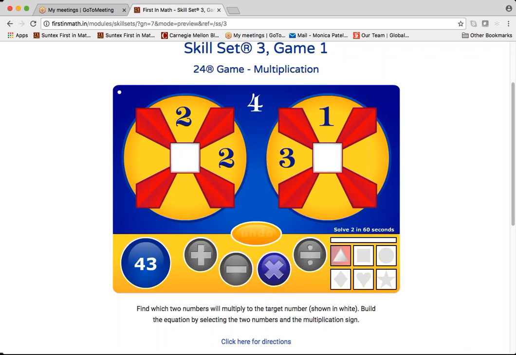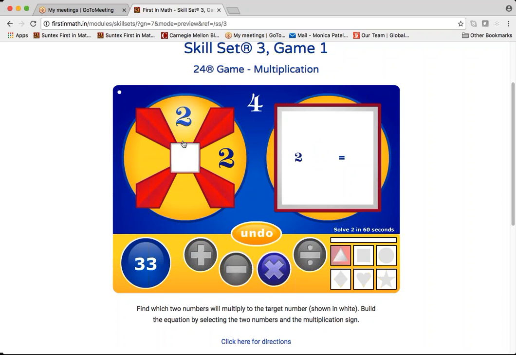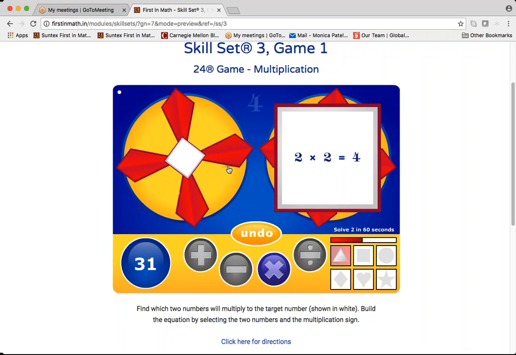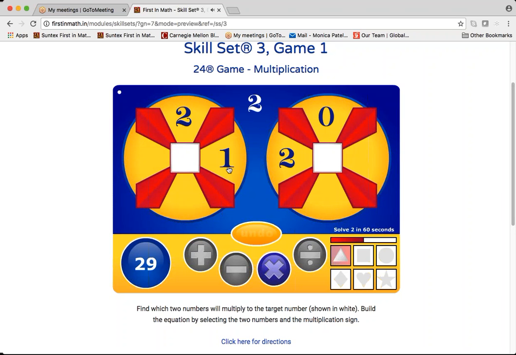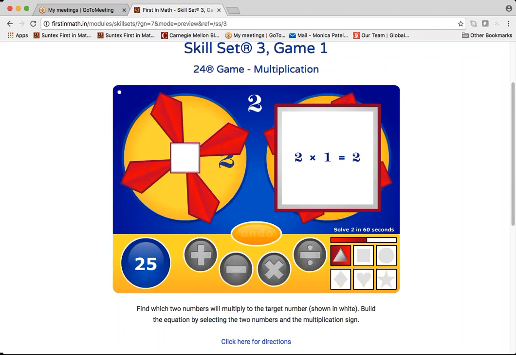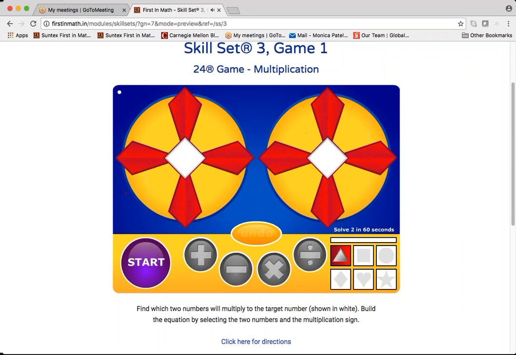Now, the sign shown here is multiplication. This involves critical thinking for a student to be able to click on 2 times 2. And over here, what gets me 2? 2 times 1. Because it is very easy to mistake this operation for addition.